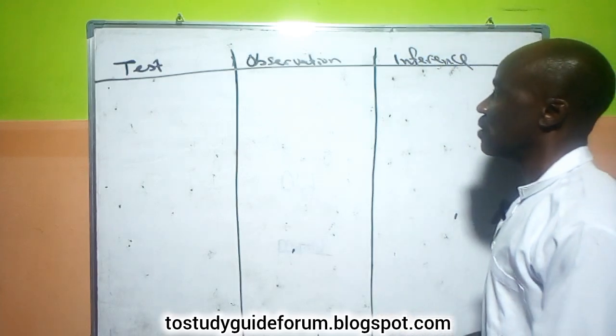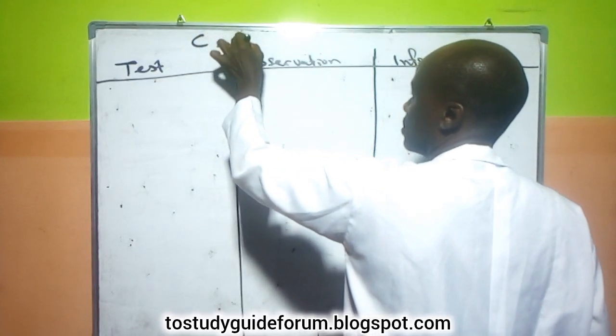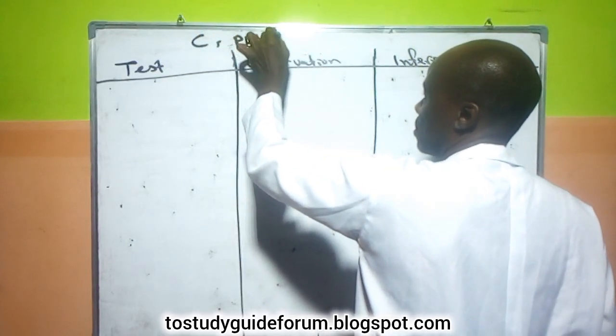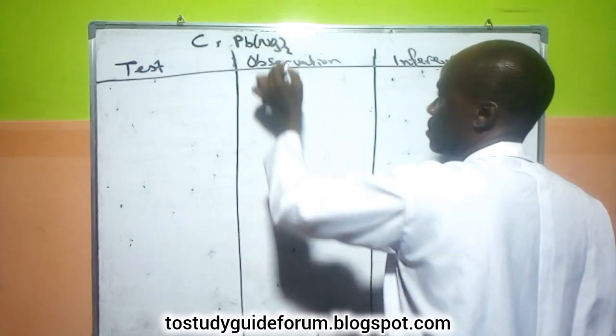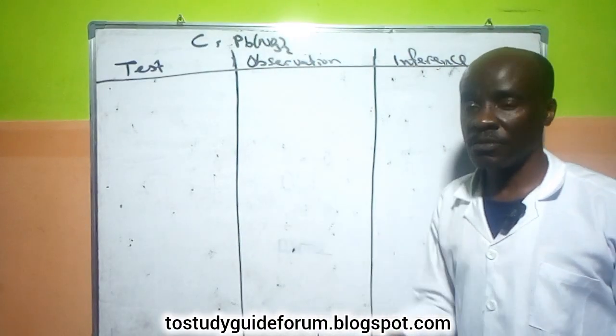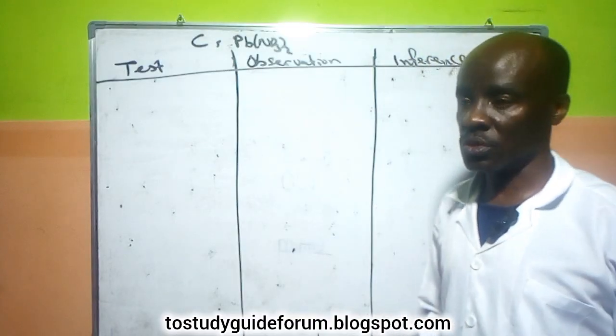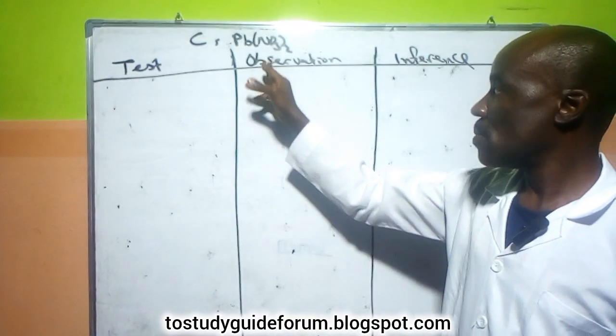That is, the first one is C, which is lead triazonitrate 5.